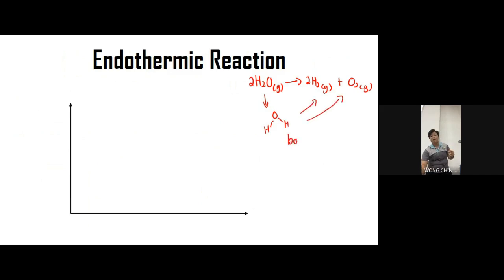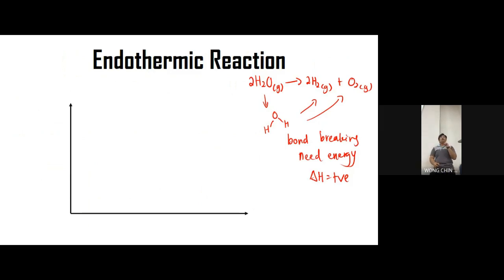You can see you involve one thing, bond breaking. So when the thing is already bonded, what you are trying to do is I want to break the bond that is already there. So you need energy, betul? So when you need energy, then it will be your delta H positive. You need to absorb the energy. Some basic knowledge on how to determine which one is your endo, which one is your exo.